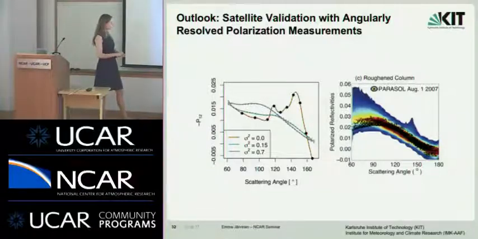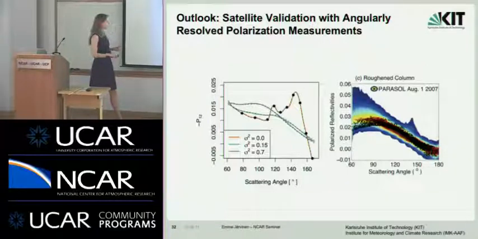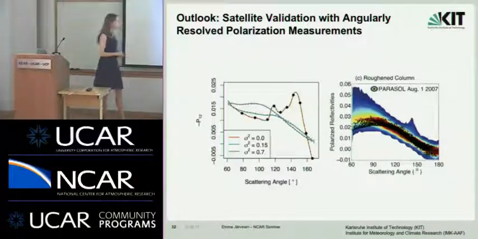But the polarization properties of ice crystals could still carry some details of the ice crystal surface roughness. What we have here is the backward scattering from 60 to 160 degrees. This is the polarization component, and we have these different curves for different degrees of surface roughness.